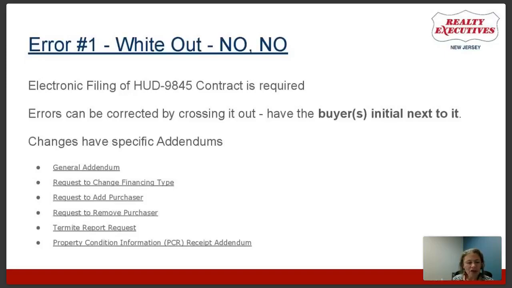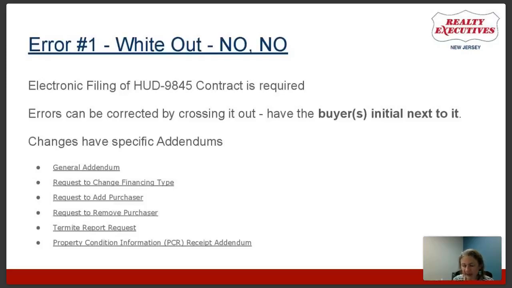There are other addendums that can be used for changing the financing type if somebody's going from conventional loan to FHA or from 203B to 203K.